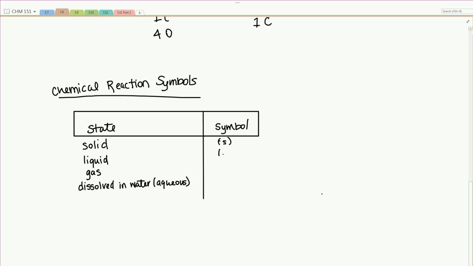If we have a liquid, it's a cursive l, lowercase, and a gas is a lowercase g, in parentheses. And if it's something that's dissolved in water, it's known to be an aqueous solution. So the symbol for that is aq, and again, it is always in parentheses.